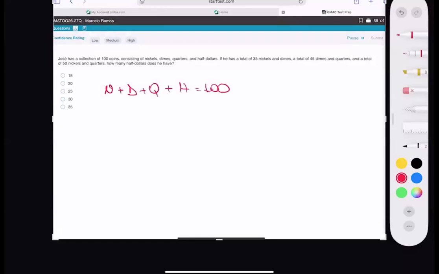If he has a total of 35 nickels and dimes, 45 dimes and quarters, and a total of 50 nickels and quarters, how many half dollars does he have?